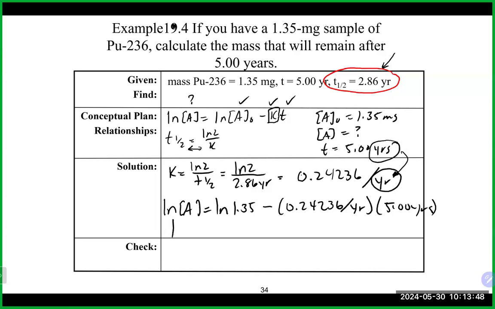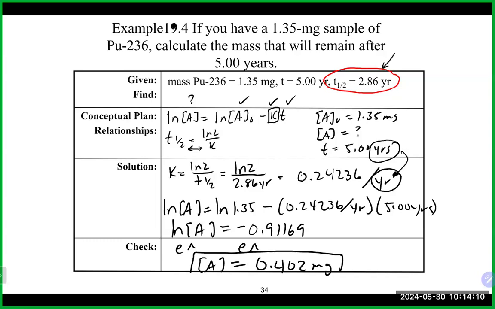Going to give us the natural log of A is equal to negative 0.91169, I believe. We're going to e both sides, right, to get rid of that. So we're going to e this here. And that will give us an A of 0.402. The units here will be milligrams, just like the original one that we had there.